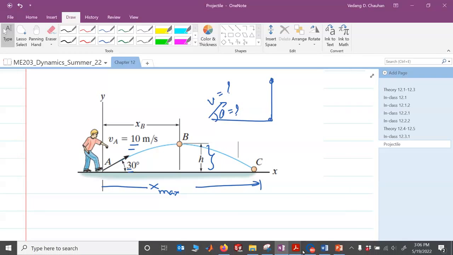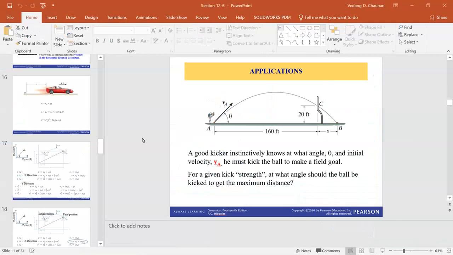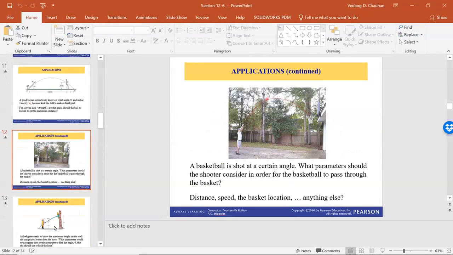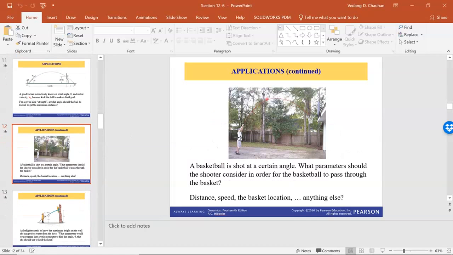Okay, let's look at one example of that type in an application. Let's say this person wants to throw a ball and send it to the basket.